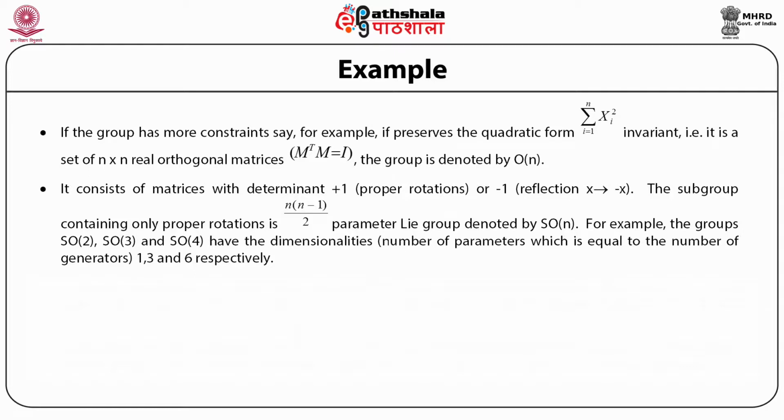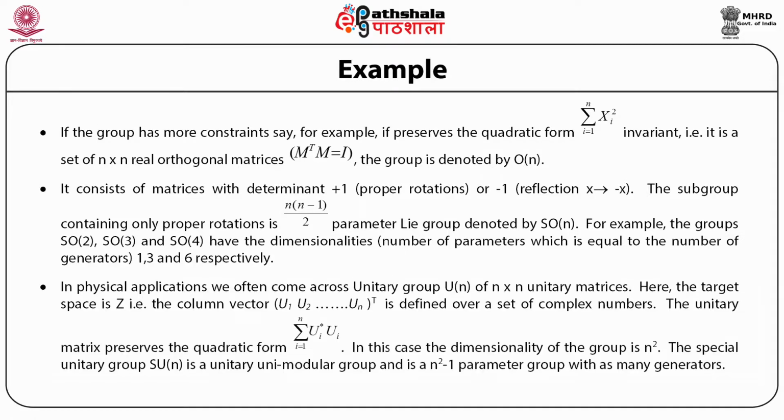In physical applications, we often come across the unitary group of n by n unitary matrices. Here, in contrast to the earlier case, the target is not a space of real numbers, but a space in the complex plane. That is, the space is Z, a space of complex numbers, and the column vectors u1, u2, ..., un are defined over the set of complex numbers. For a unitary matrix, the quadratic form ui dagger ui, which is equal to u dagger u, which is equal to ui star ui, is preserved.